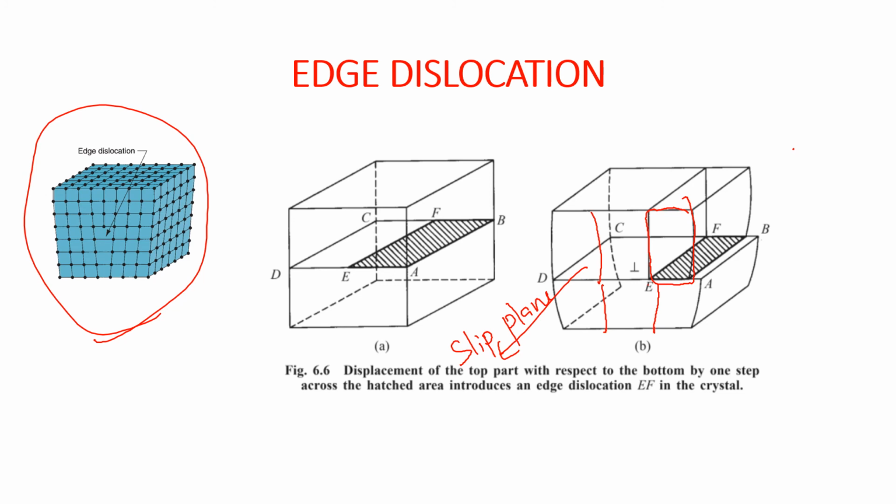I mean, the boundary between the slipped portion and unslipped portion, in this figure, it is EF. EF is the dislocation line.